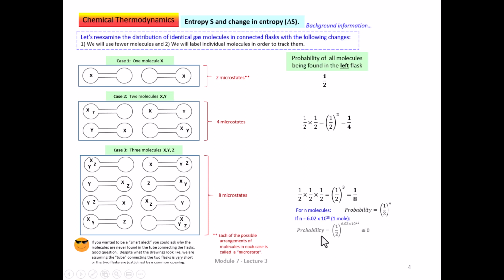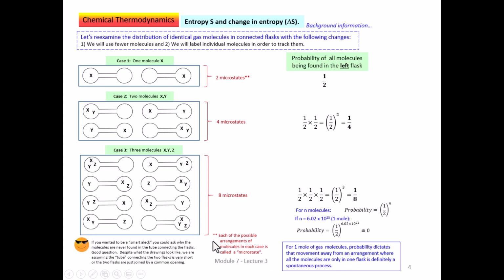The probability of having all of them in the one flask would be 1/2 to the 6 times 10 to the 23rd power. And I can tell you that that's essentially 0. So for 1 mole of gas molecules, probability dictates that movement away from an arrangement where all the molecules are in only one flask is definitely a spontaneous process.